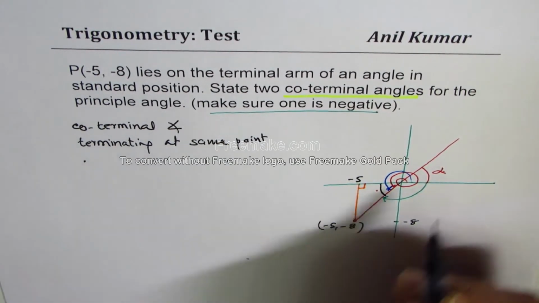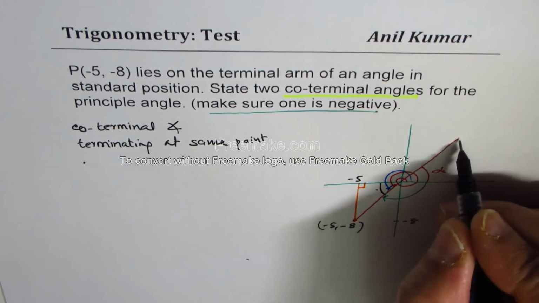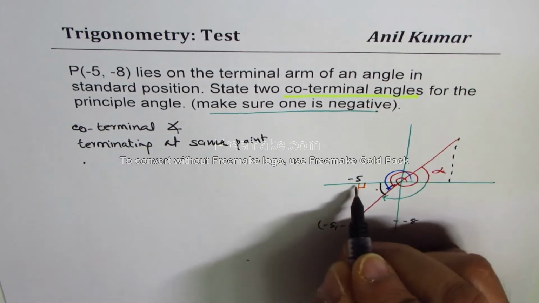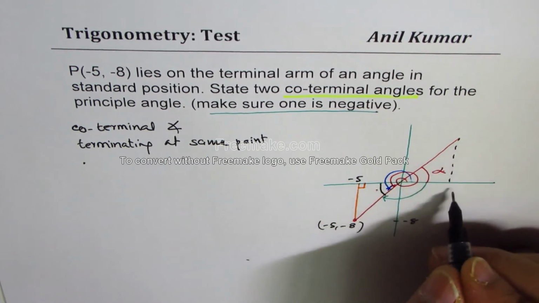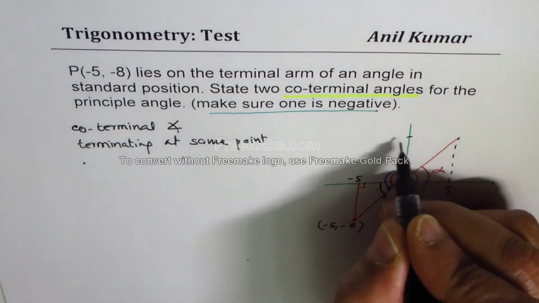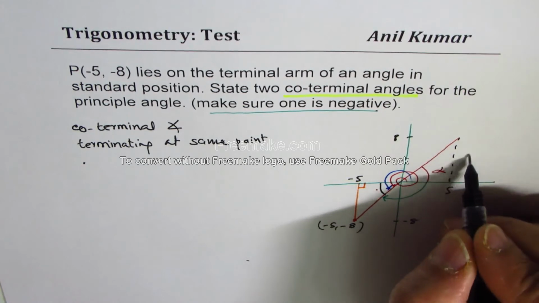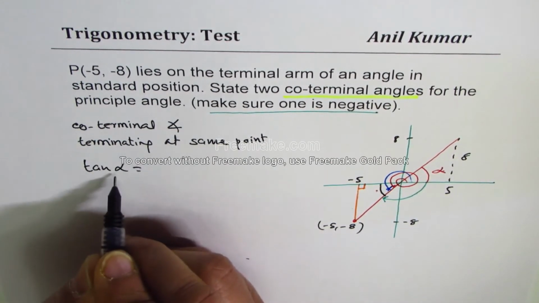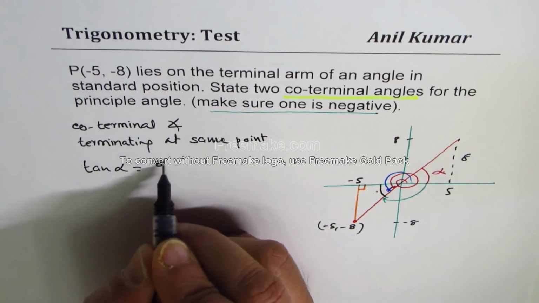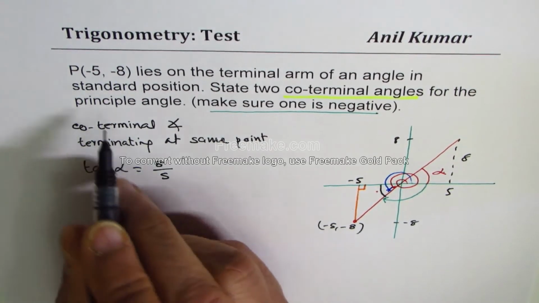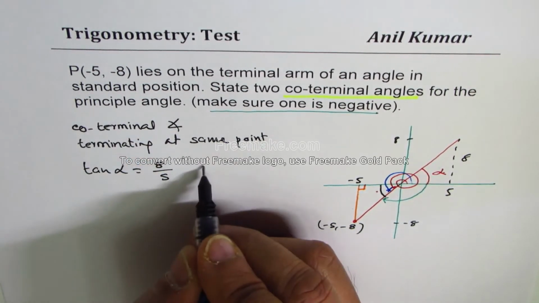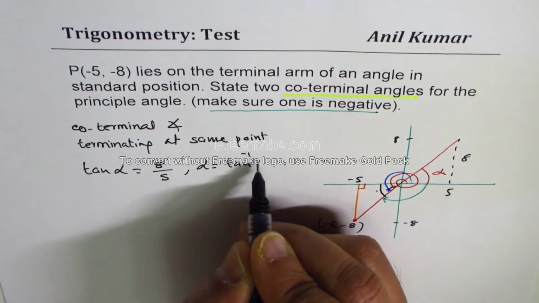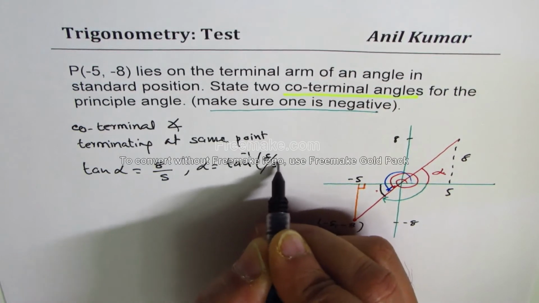If I draw a diagram here which reflects this on the origin, we get these sides as 5 and 8, correct? So this is 8. So we have tan alpha, where alpha is the acute angle, as 8 over 5, the y value divided by the x value, and alpha equals tan inverse of 8 over 5, correct?